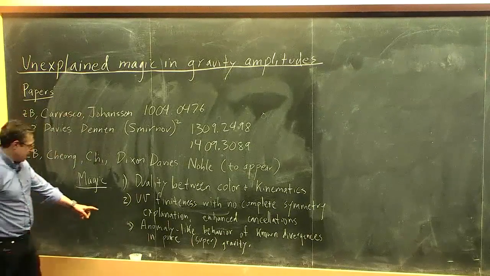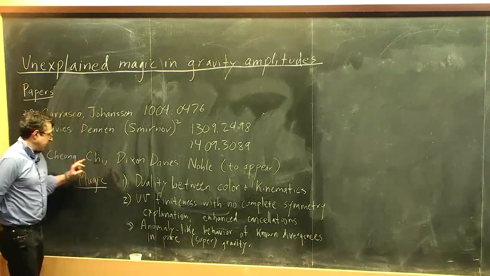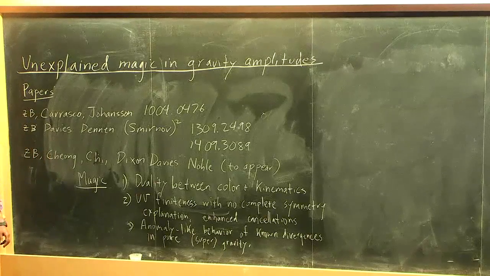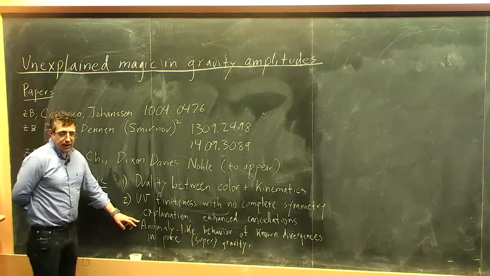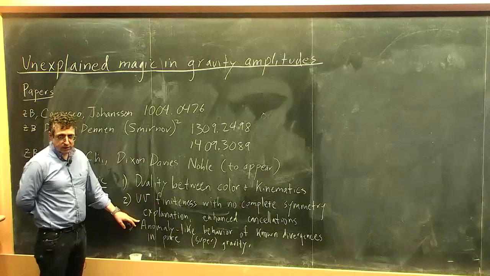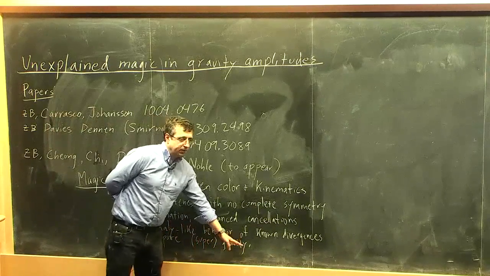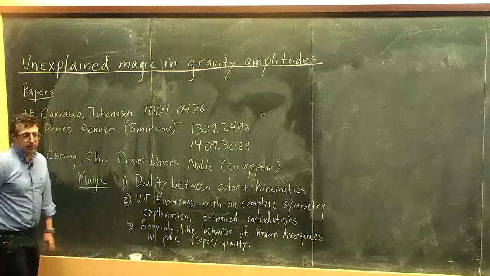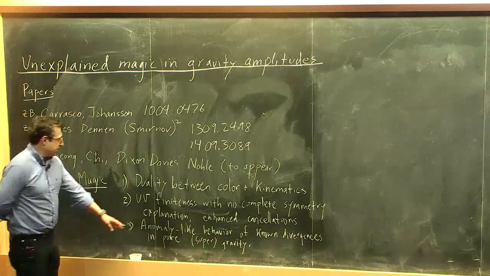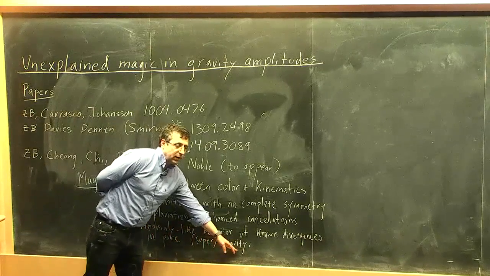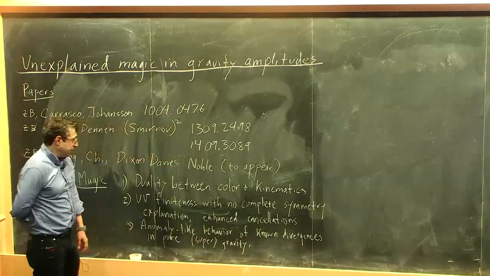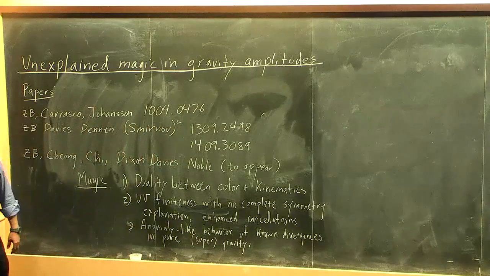And then the third bit of magic, which is actually from the forthcoming paper, has to do with cases where we know about the divergences. So there's two examples, in pure supergravity or pure gravity, where we actually have divergences. The pure gravity divergence is well known for more than 30 years. It's just a two-loop divergence.